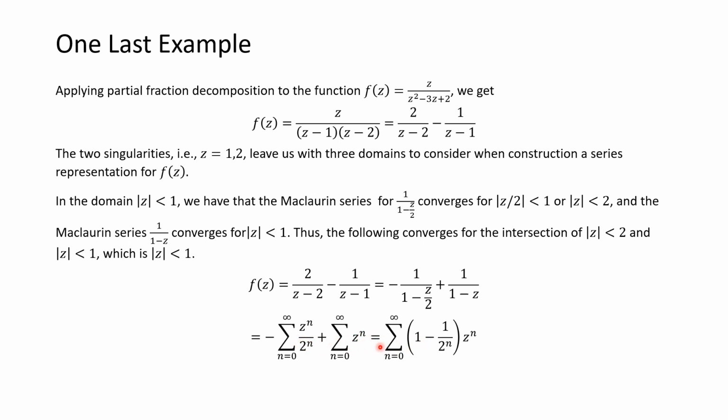We can put these two together, and we get 1 minus 1 over 2 to the n times z to the n, and the sum of that from n equals 0 to infinity. So that is our Laurent expansion for the domain when the modulus of z is less than 1.